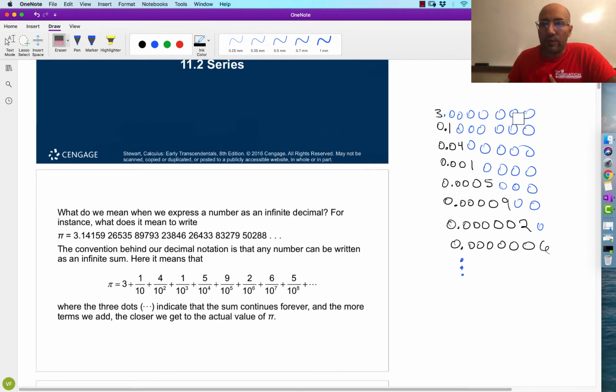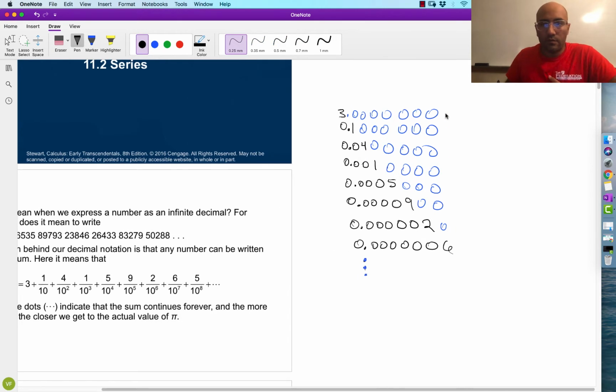And now what happens is that we get to rewrite each one of these as a fraction. So if we do that, this one is just going to be 3. And then 0.1, well, that's just equal to 1/10. And then 0.04, that's in the hundredths place, so that's going to be equal to plus 4 over 100, right? That takes care of this one.